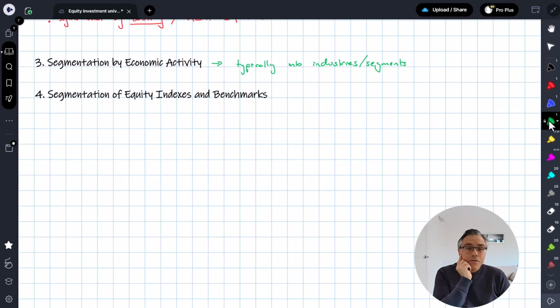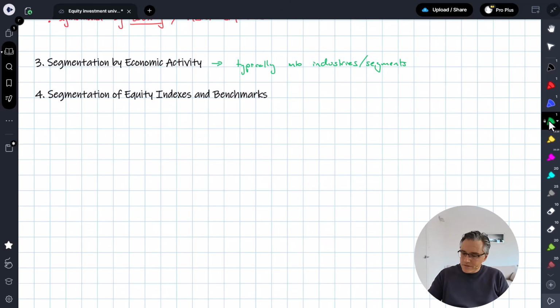There are different methodologies for this. Your book talks about this, but this is not something that would be testable at level 3, I don't think, in terms of having to remember what classification does what, or how many categories it has. Your book just talks about it, I think, to fill in a bit of space in the curriculum. Just know that this is split into industries and sectors.